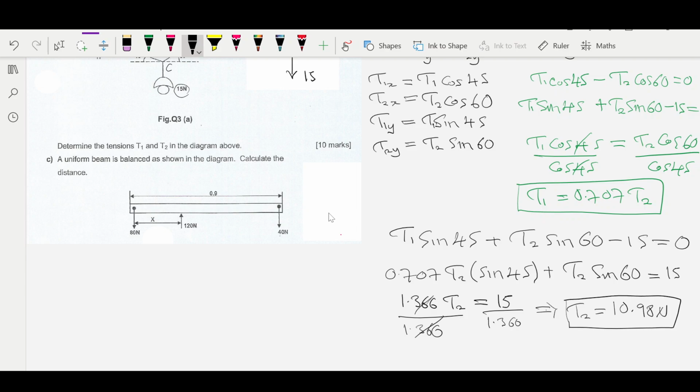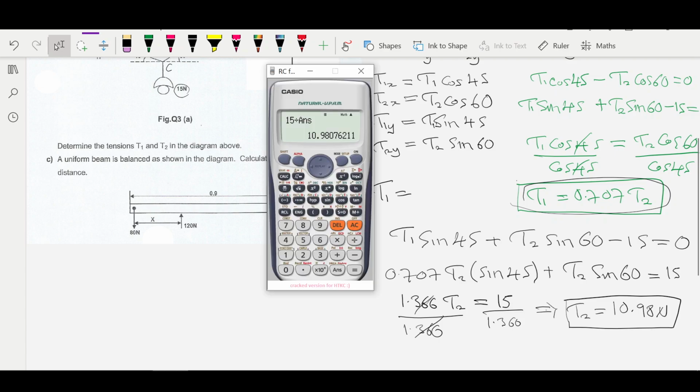Now, coming back to this expression for T1, we can say T1 is equal to 0.707 times 10.98 newtons, because T2 is 10.98 newtons.